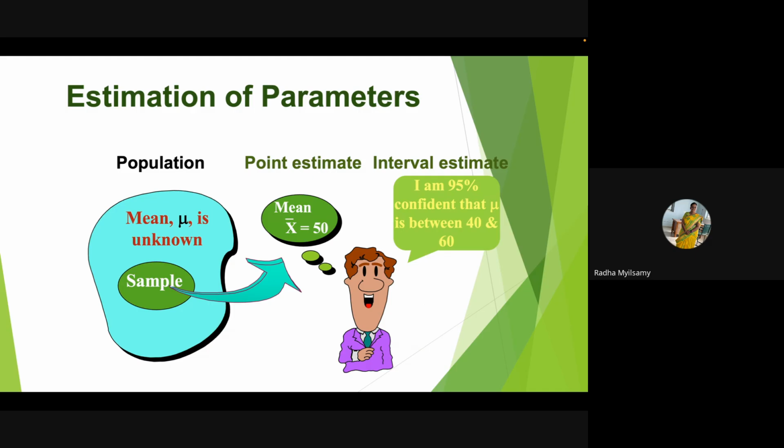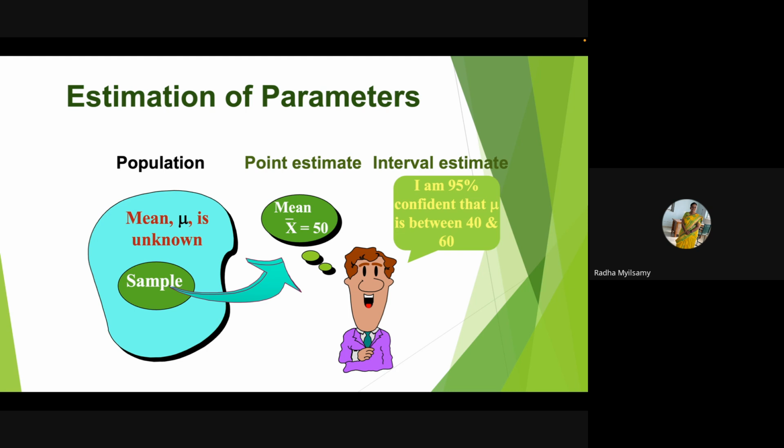For estimating the parameters, we have two ways: point estimator and interval estimator. When we give interpretation based on a single point, it is called point estimation. When we give the interpretation with an interval, it is interval estimation.